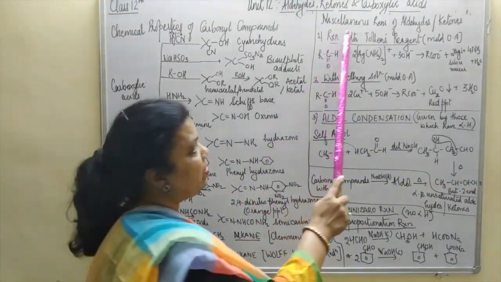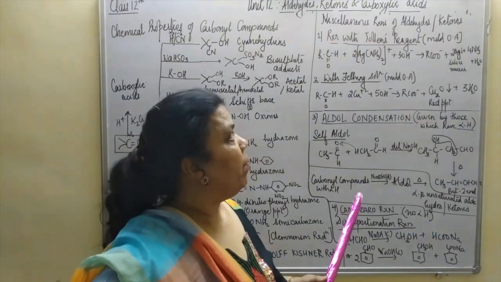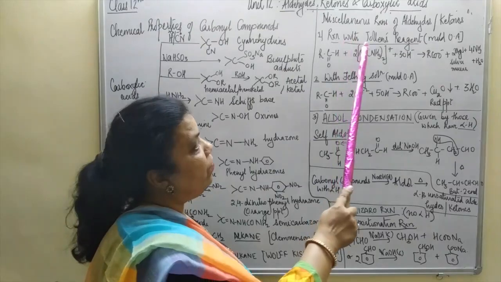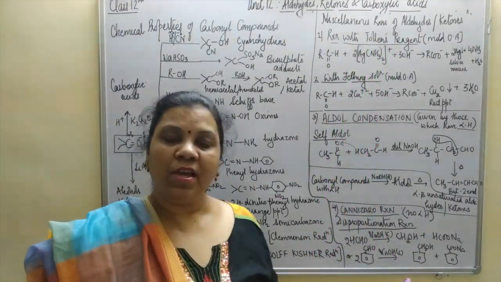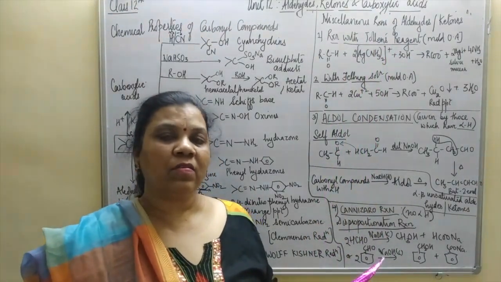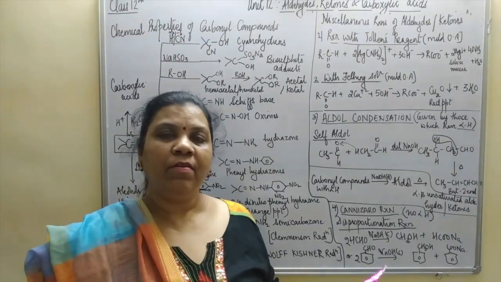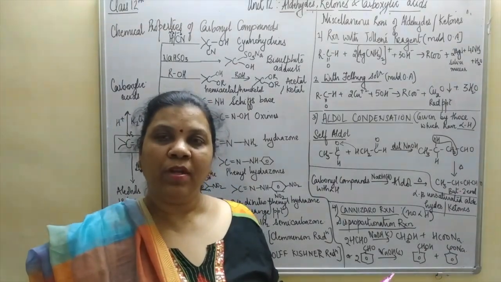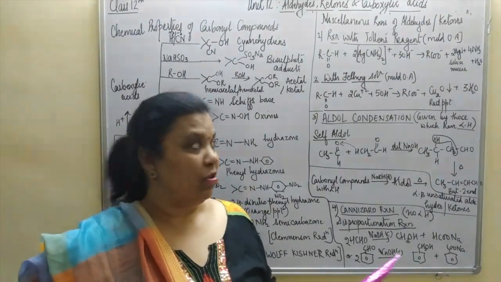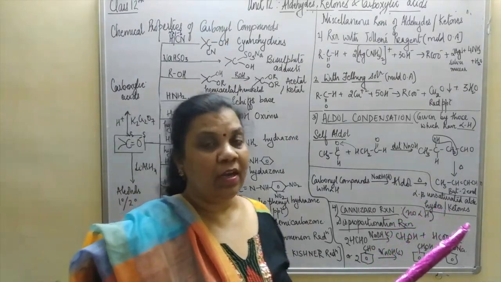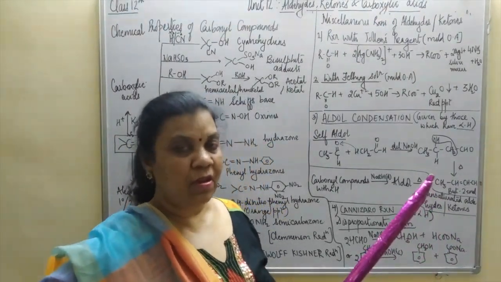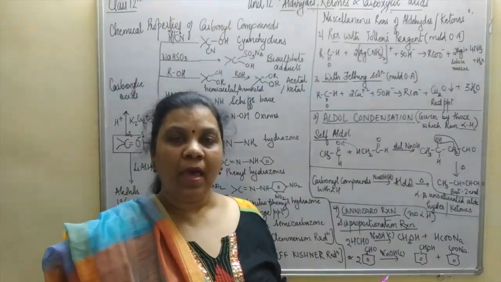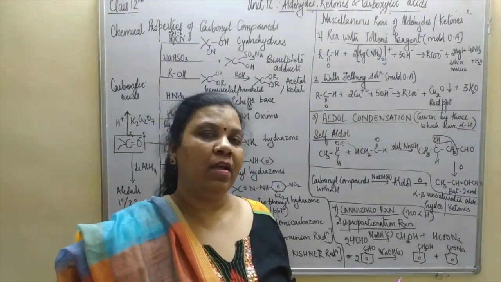Now let us proceed to the next topic, and that is miscellaneous reactions of aldehydes and ketones. Reaction with Tollens reagent. Tollens reagent, as discussed earlier, is ammoniacal silver nitrate. It has been discussed in video lecture 1.1 in the chemical tests of distinction. So ammoniacal silver nitrate is a mild oxidizing agent and can be used as a test to distinguish between a pair of compounds, one aldehyde and another ketone.